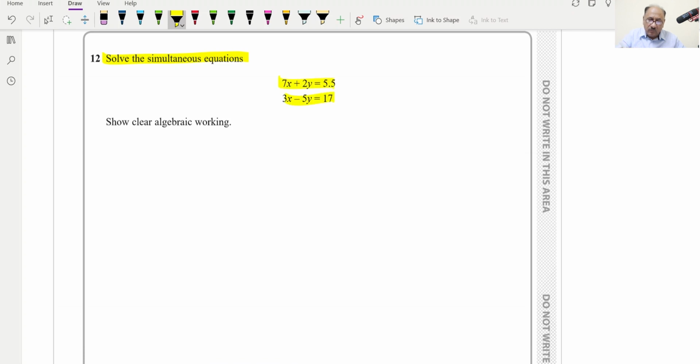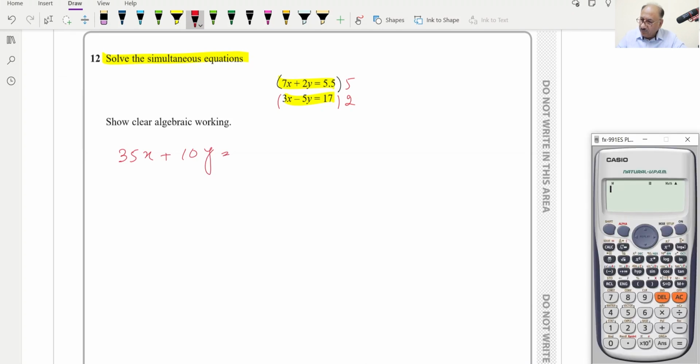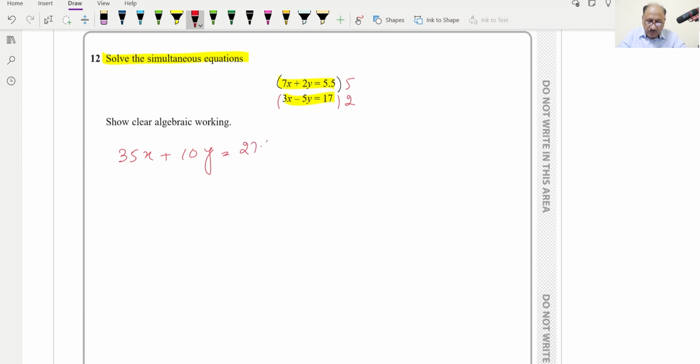These two equations are provided and we have to equalize the coefficient, and I will be equalizing the coefficient by multiplying this by 5 and multiplying the second equation by 2, and our new equations will be 35x plus 10y is equal to 5.5 multiplied by 5, which will be equal to 27.5.